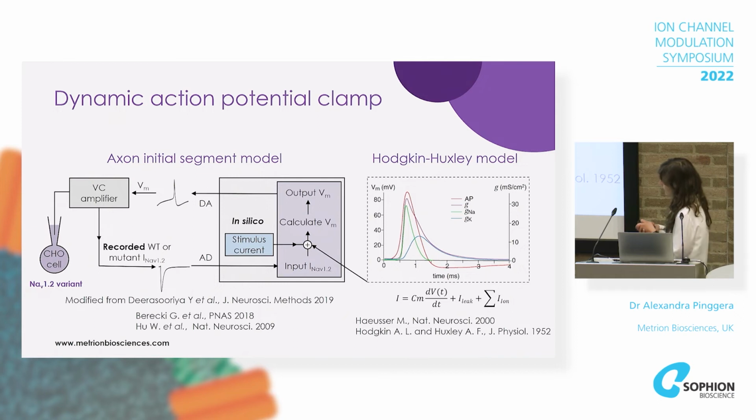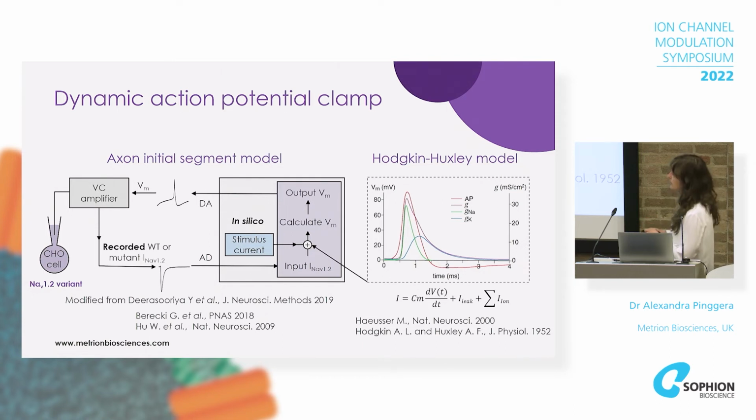Our computer model is in current clamp. We trigger action potential firing by in silico current injection. The model generates a membrane potential and sends it via the amplifier as a command potential to our CHO cell.